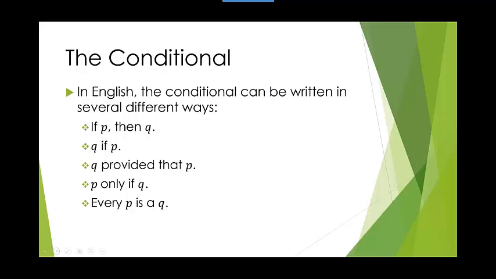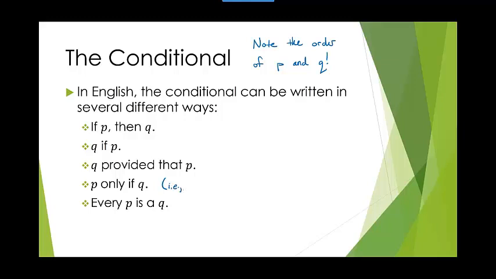So you should be familiar with all of these, and I will just say to note the order of P and Q. So for some of these sentences, P comes first, and for some of the sentences, Q comes first. I also want to point out that there's a difference between Q if P and P only if Q. I think only if might be something that we don't hear as much in everyday conversation.